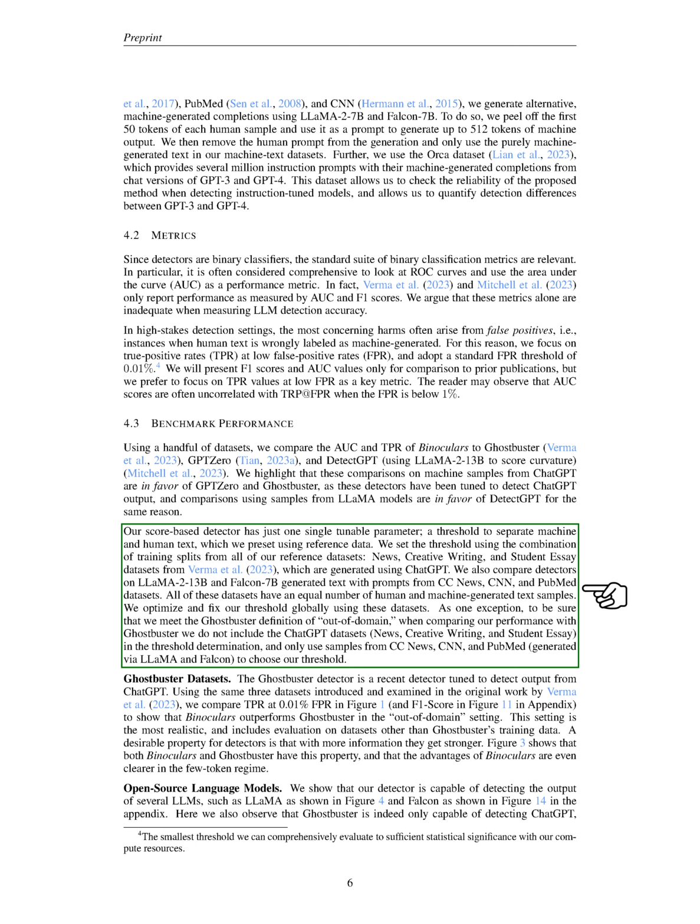All of these datasets have an equal number of human and machine-generated text samples. We optimize and fix our threshold globally using these datasets. We also compare our performance with Ghostbuster using only samples from CC News, CNN, and PubMed to choose our threshold.